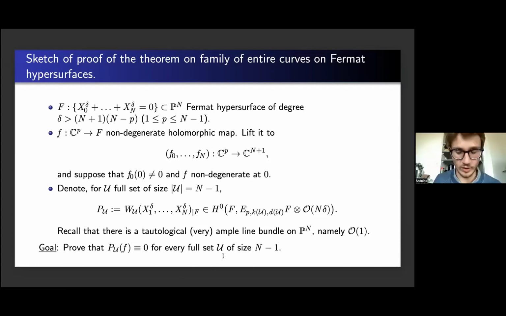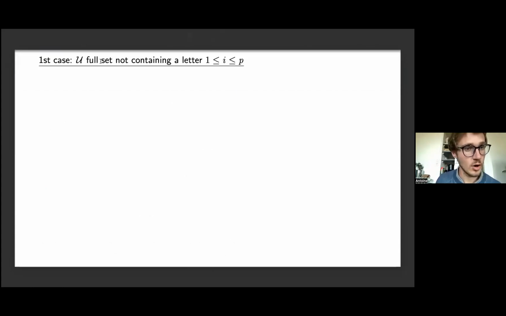So first we are going to distinguish between two cases. The first case is we take full sets that do not contain a letter, say i, between 1 and p. So here the fact that f is non-degenerate at 0 implies that, up to reparameterizing the source, we can locally simplify f.